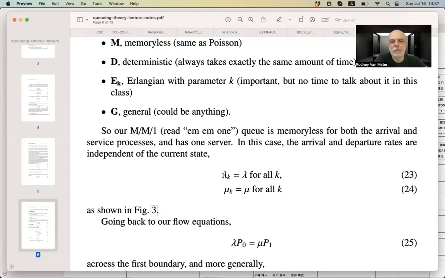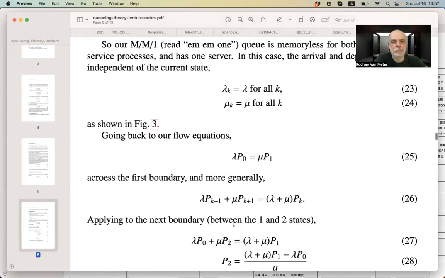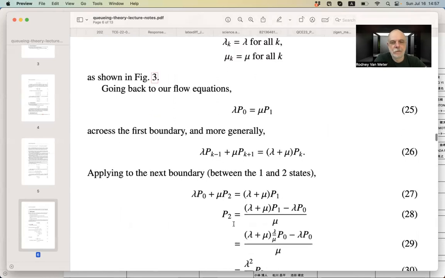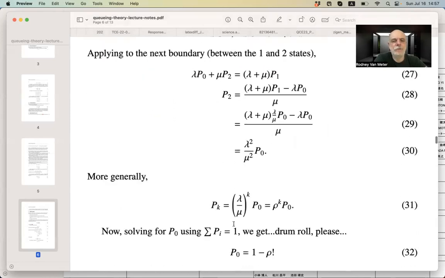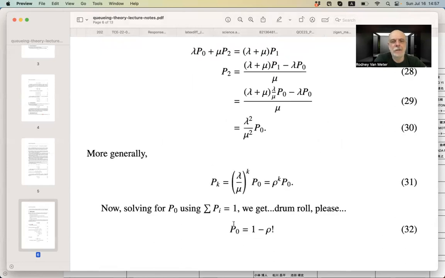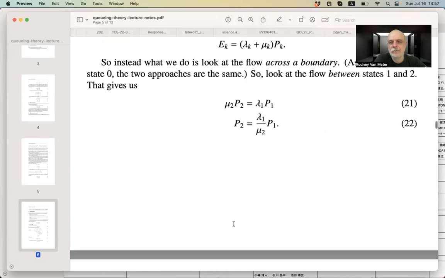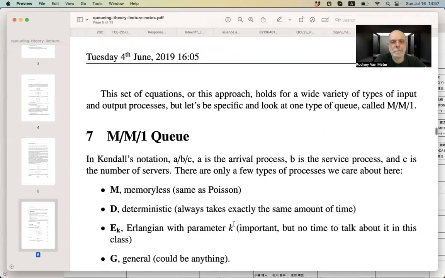In this case, all of those lambda sub i that I was talking about earlier are all actually equal. I'm not going to go through all of this process here. You can go through this and solve it.